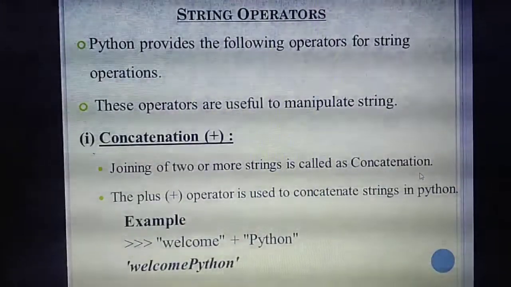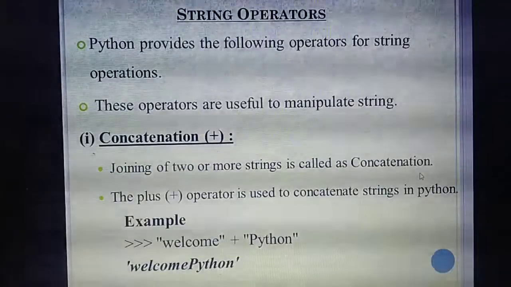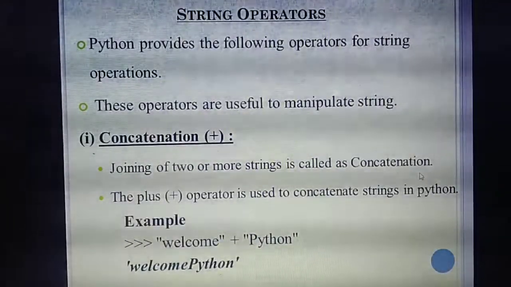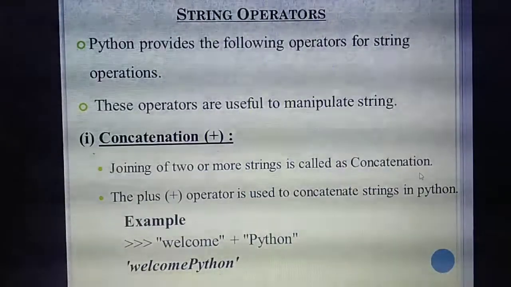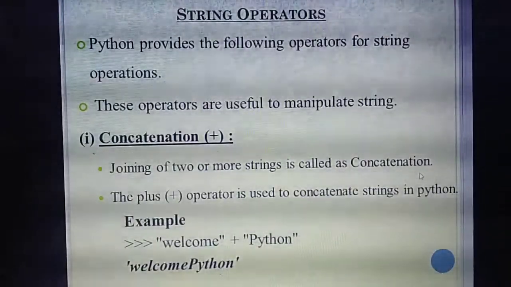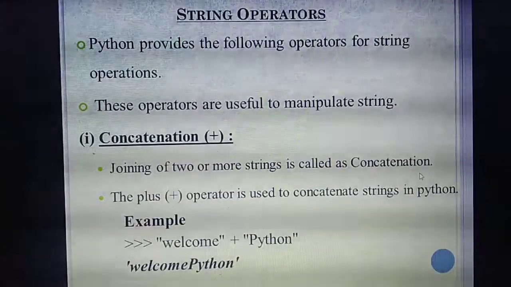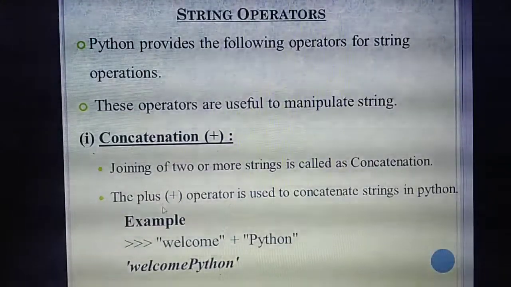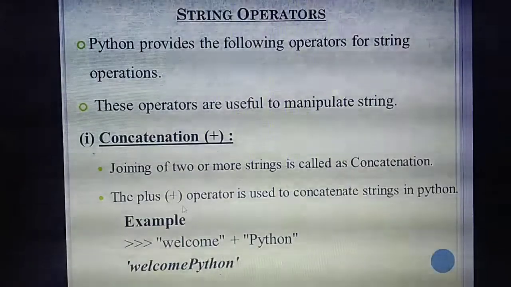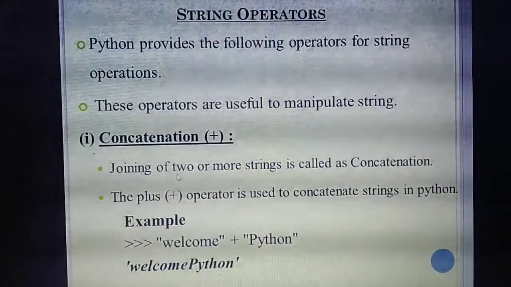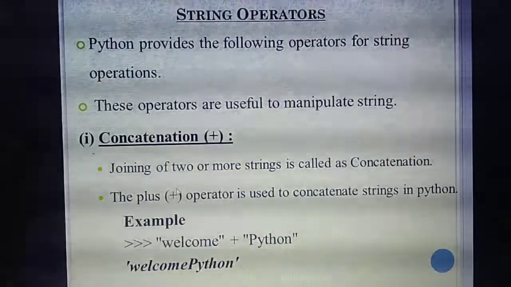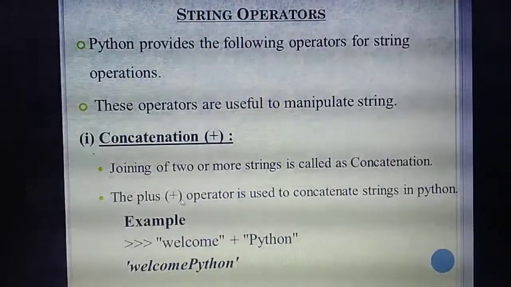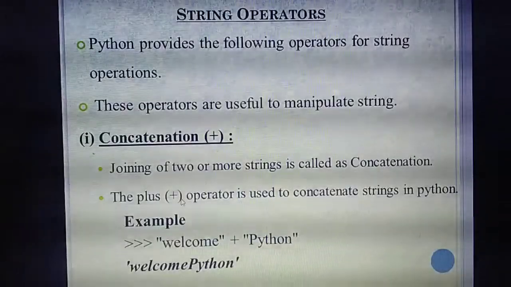Joining of two or more strings, two or three or four or five words, more words you are going to join. That process is called concatenation. Which operator is used in Python to do concatenation? Plus operator. Understand? Very important question.